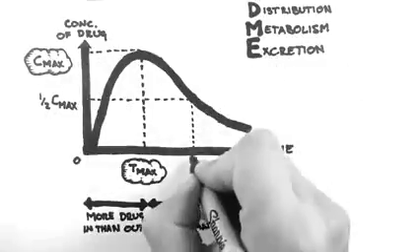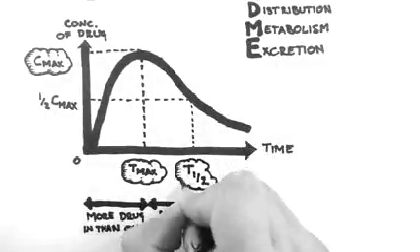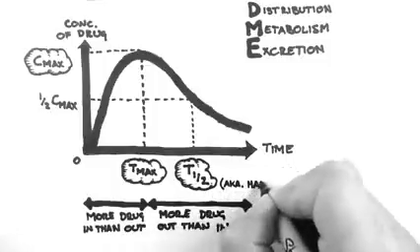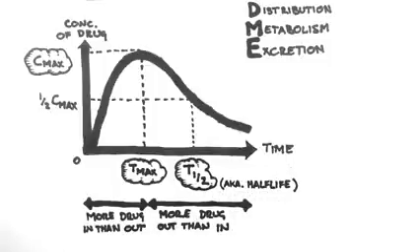And therefore, the half-life, which is often denoted T half, is the time between Tmax and where I've drawn T half here. So just to summarize, the time it has taken for the drug to drop from its maximum level to half of its maximum level is the half-life.